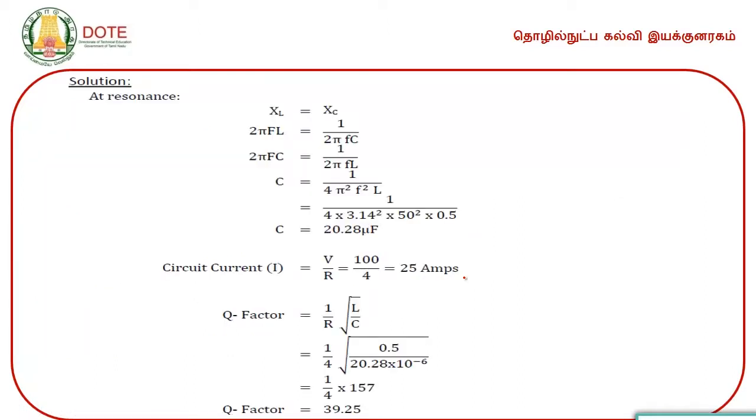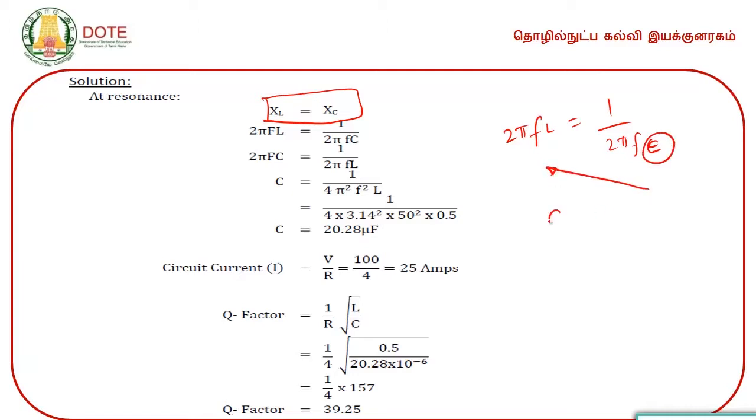Now, at resonance we know this relation: the inductive reactance will be equal to the capacitive reactance. So, substitute the value of inductive reactance, it is 2 pi FL equal to 1 by 2 pi FC. This C value is not known, so you can bring the C here. C is made to move from right hand side to left hand side.